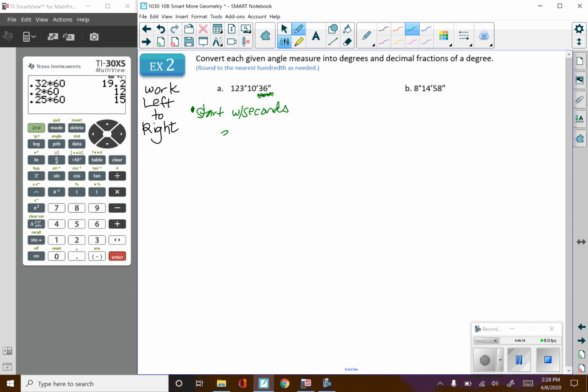We take those 36 seconds and divide them by 60, to find out what portion of a minute, and we get 0.6. Now this is going to be the decimal part of the minutes.